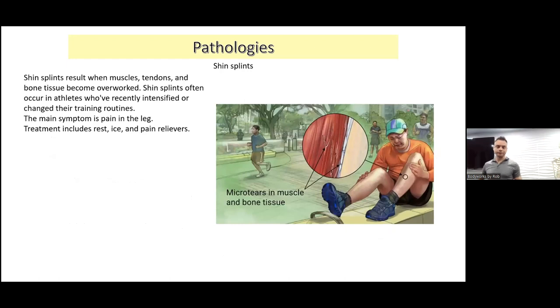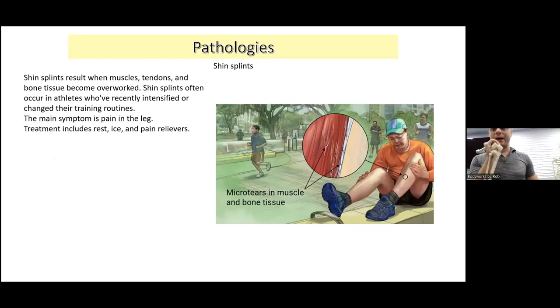Shin splints. So shin splints, well, good thing I got this guy right here. The muscles on your shin, aka the anterior surface of your leg, the crural region, are namely tibialis anterior, extensor digitorum longus, extensor hallucis longus, and maybe several others, and the peroneal muscles maybe over there.